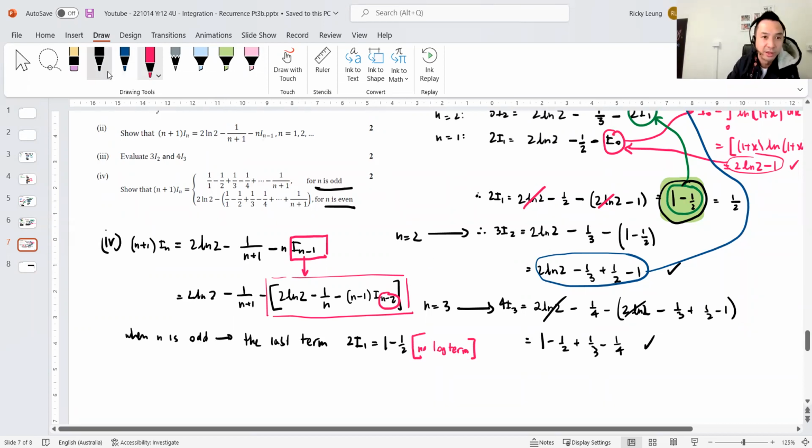So I can conclude, therefore, when n is odd, n plus 1 in should start with positive 1, minus a half, and it goes all the way to this first term here, because the two ln's cancel out, so it becomes minus 1 on n plus 1. So therefore, I've proven the first half.